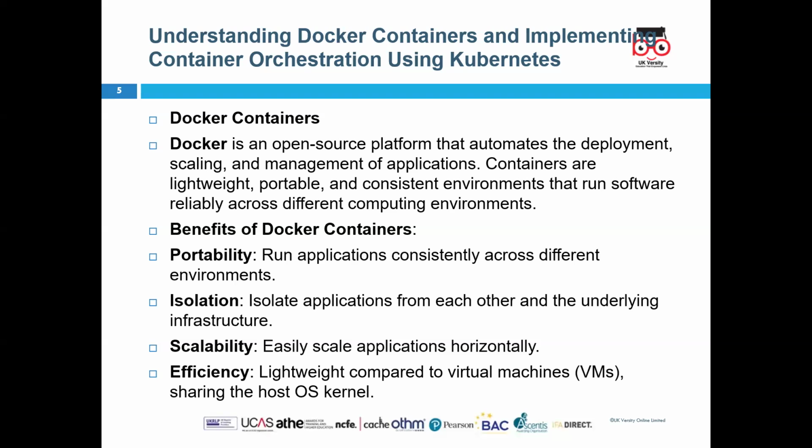As we see, Docker is an open source platform that automates the deployment, scaling, and management of applications. So basically, we now have applications, and as a developer, for us to ensure that there are no delays or any sort of clashing with other systems, we'll now introduce containers.